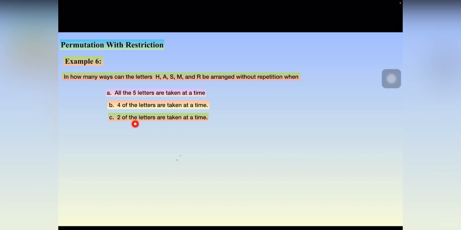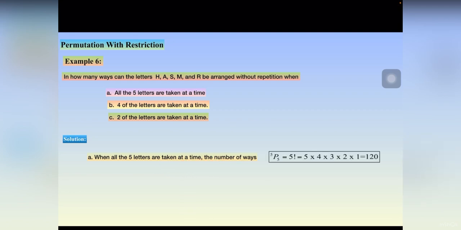C, 2 of the letters are taken at a time. Solution. When all the 5 letters are taken at a time, the number of ways is 5P5 equals 5 factorial equals 5 times 4 times 3 times 2 times 1 equals 120.